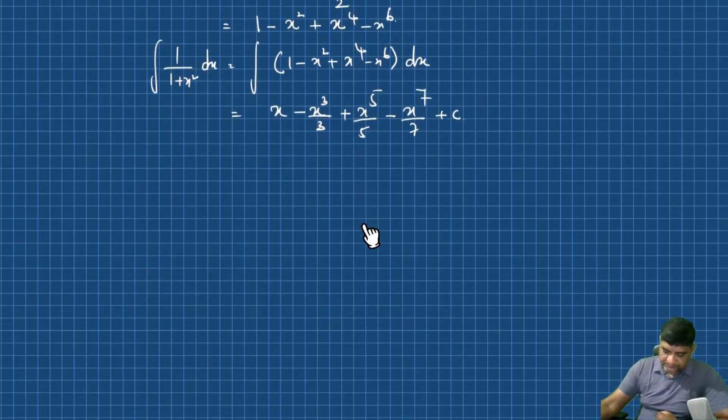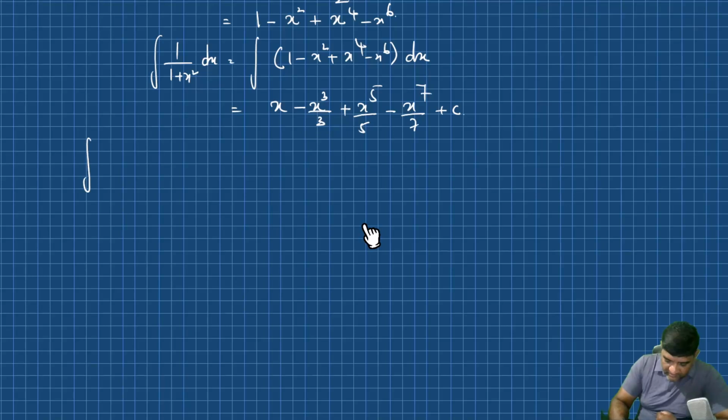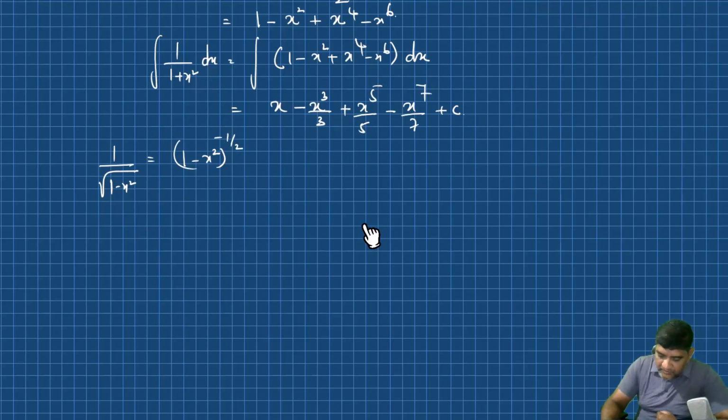So integral of 1 divided by root of 1 minus x squared, or let's actually first apply the binomial expansion. This can be written as 1 minus x squared whole to the power of negative 1 over 2, and then I apply the expansion 1 plus nx, which is minus 1 over 2.